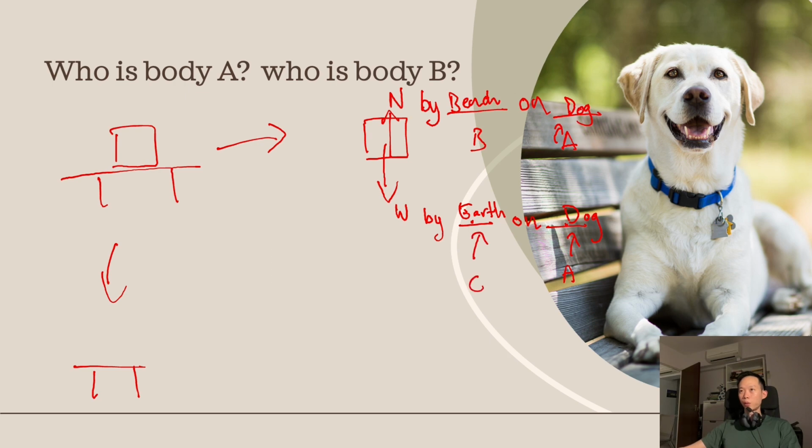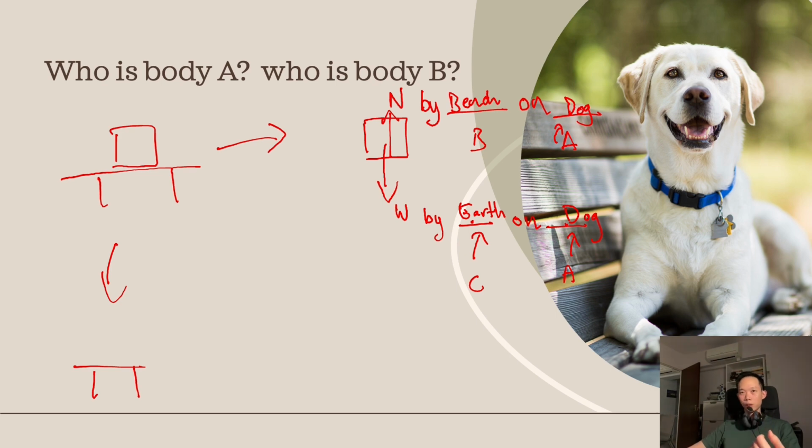We have to call it a body C. So here you have one force that is exerted by body B on body A, and then here another force is exerted by a different body C, also on body A. So they don't fit into the A exerts on B, B exerts back on A kind of pattern.